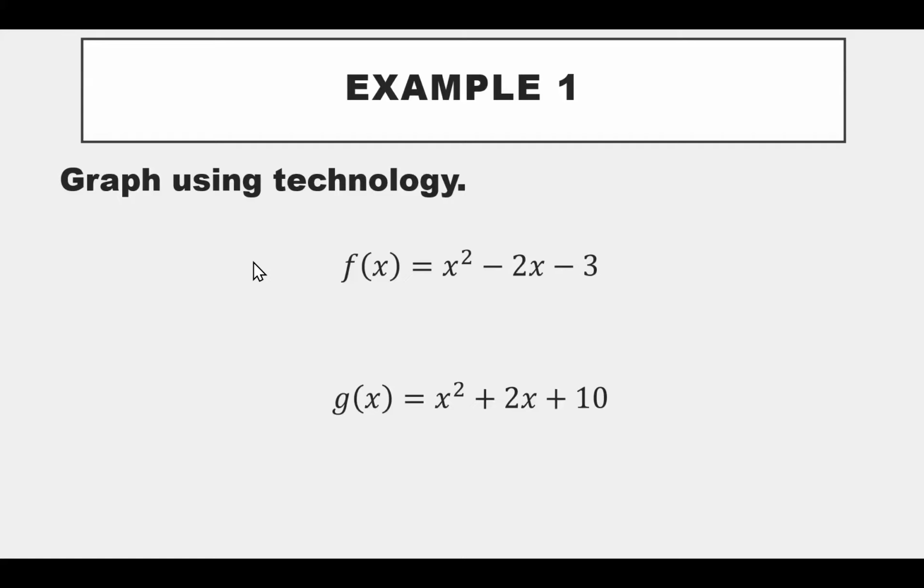Let's take a look at a couple of different polynomial functions. We have f of x is equal to x squared minus 2x minus 3, and g of x is equal to x squared plus 2x plus 10. We'll graph both of these on Desmos.